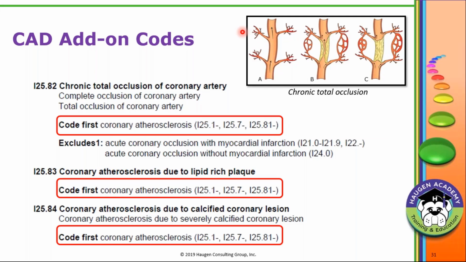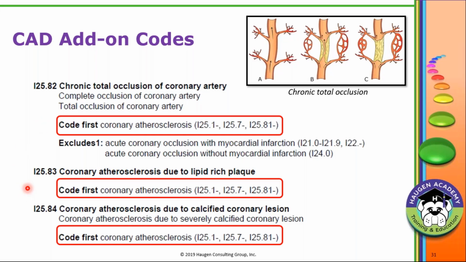The picture at the top shows the progression from a healthy artery to one that gets clogged and becomes completely occluded with collateral circulation. So the blood can't go through, it's got to go somewhere, so it sprouts its own circulation to go around that area of blockage. Because these are hard to cross, they're hard to treat, and this is data that they wanted to be able to capture. So if you have documentation of a chronic total occlusion, this is your code.